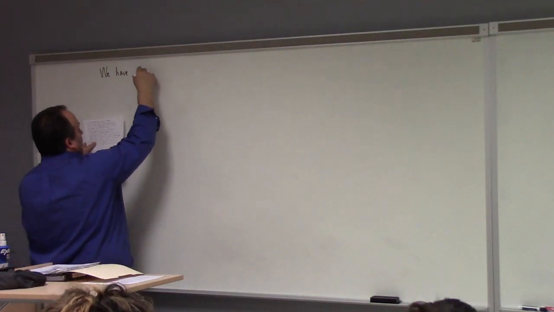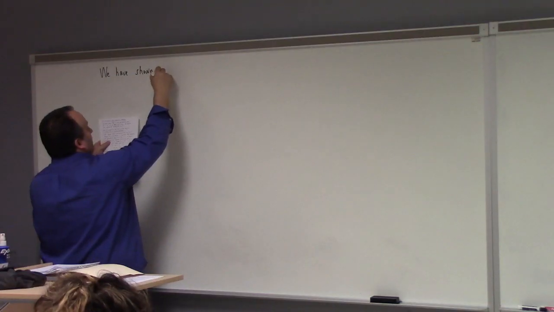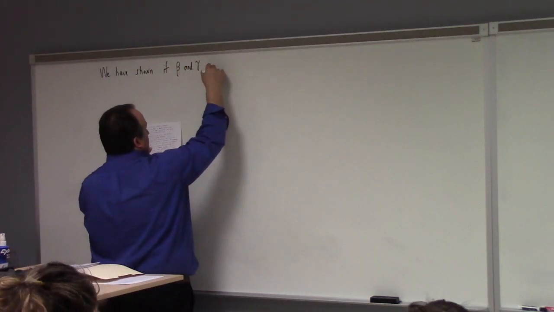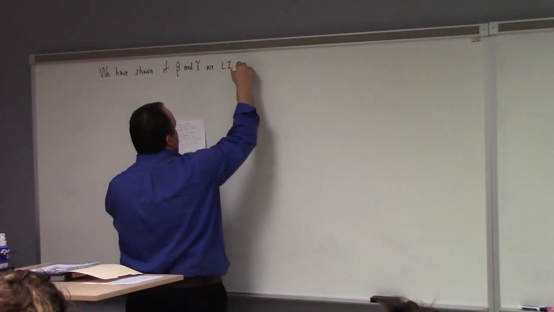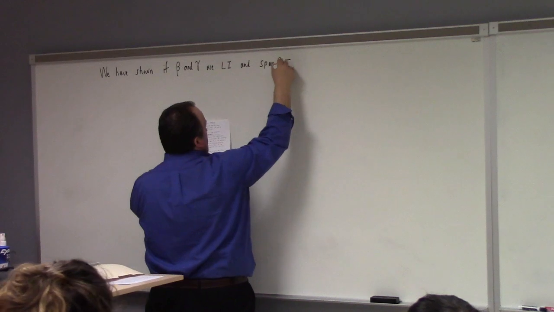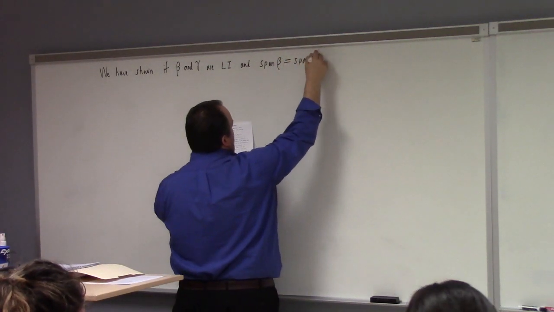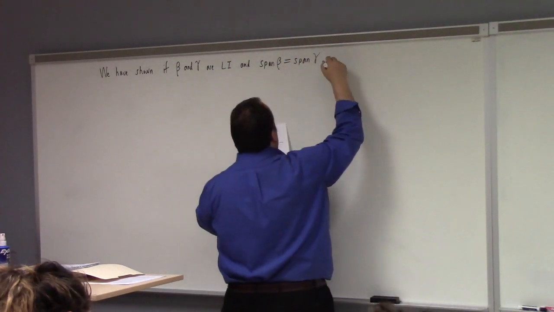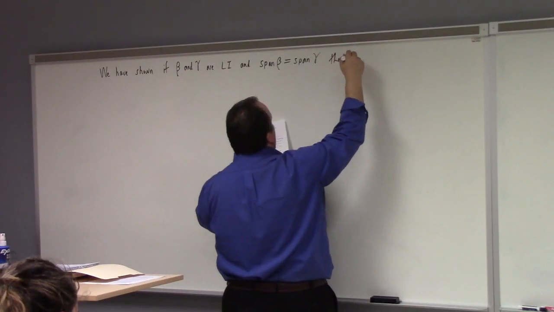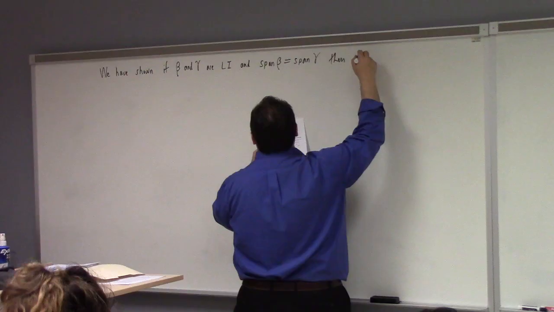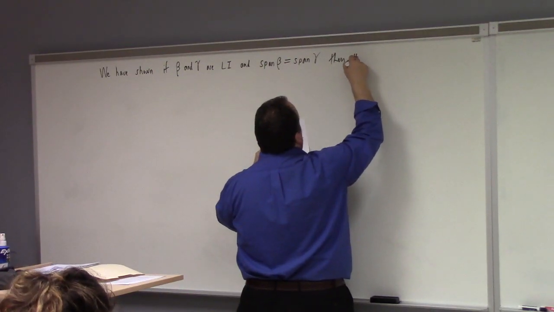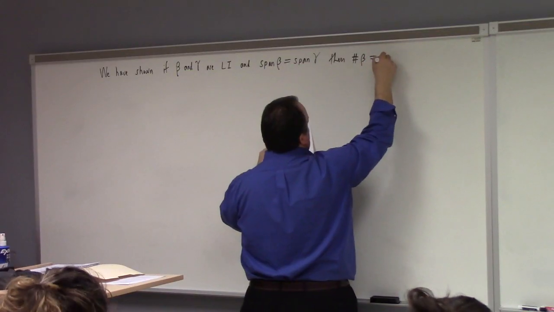We have shown already that if beta and gamma are linearly independent and the span of beta is equal to the span of gamma, then the number of things in beta has to be equal to the number of things in gamma.